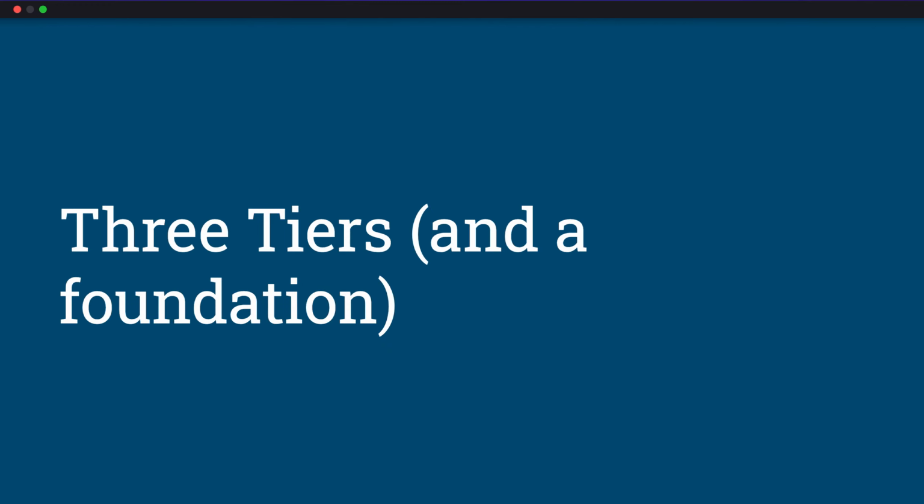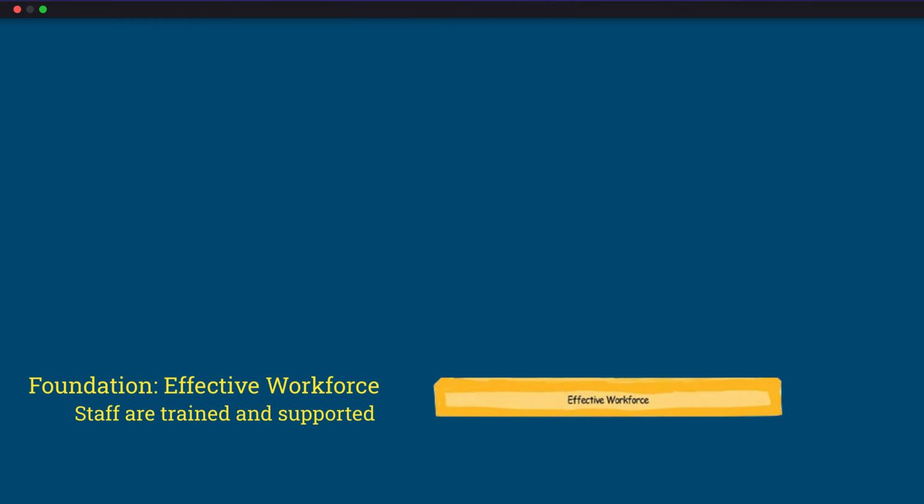There are 3 tiers to the pyramid model and a foundation that makes up the framework. The foundation of the pyramid model consists of our effective workforce. This is referring to you and I and all of our education team members that make up that important foundation for the pyramid model and the work that we do with behavior.